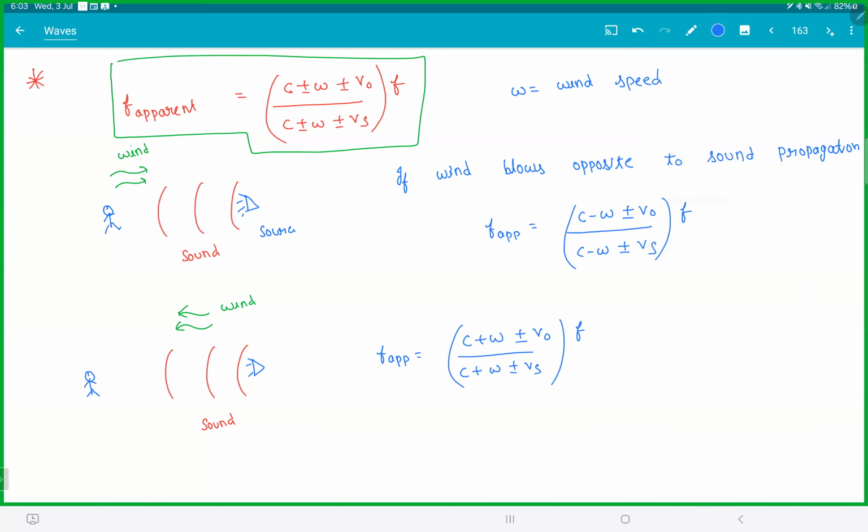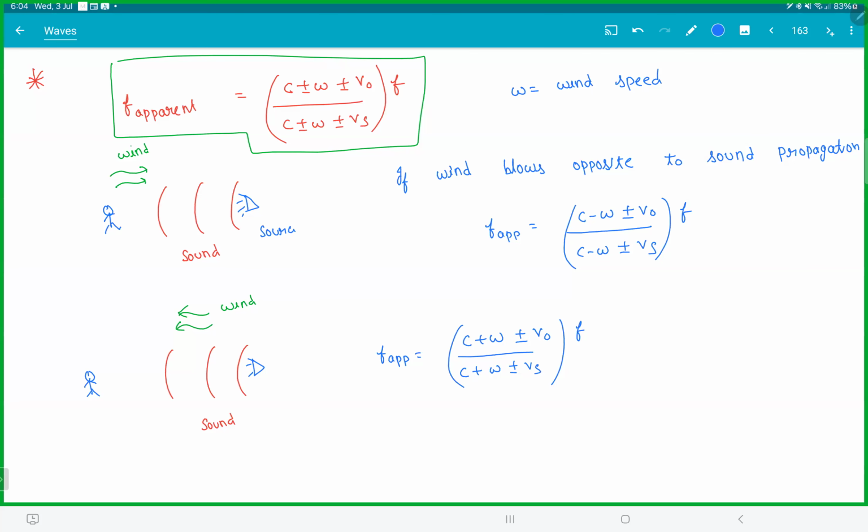Now, while using this formula, there are a few things which we need to keep in mind. You can copy down that formula, C plus or minus W plus or minus V naught. Clear?